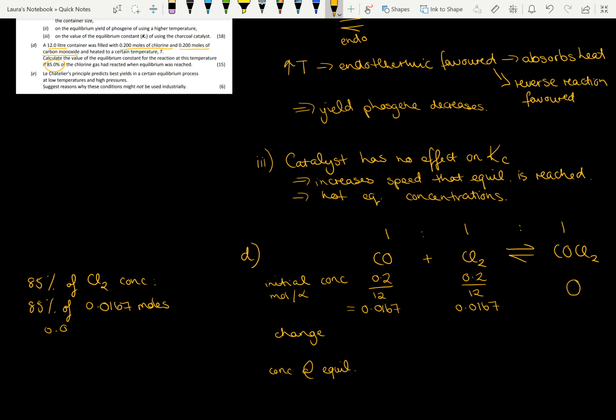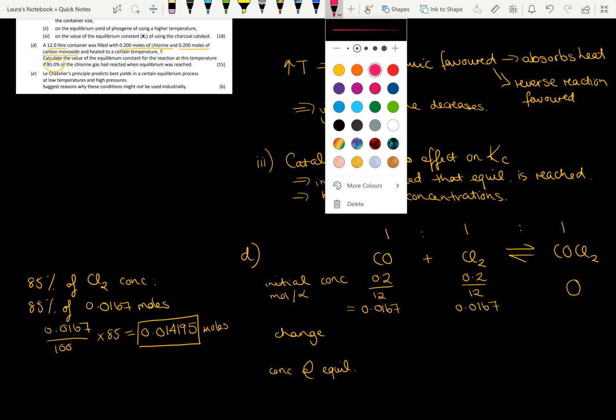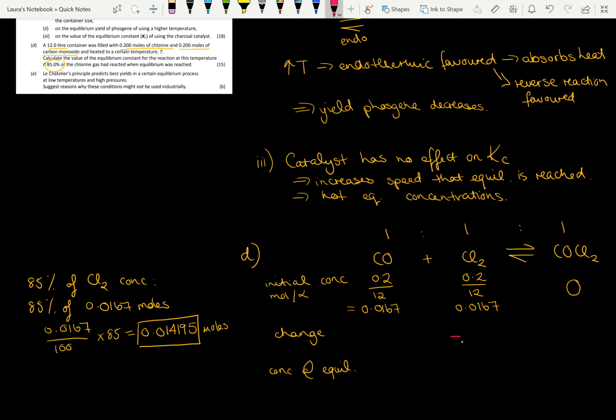We take 0.0167 divided by 100, multiplied by 85, and that gives us 0.014195. This is how much of the chlorine gas, in moles, had reacted when equilibrium was reached. So that number is the change in our chlorine. If that much had reacted, that's how much of our chlorine has been converted into product.